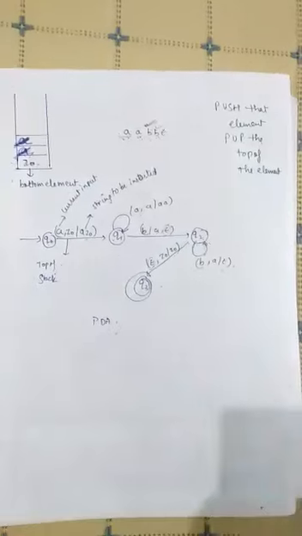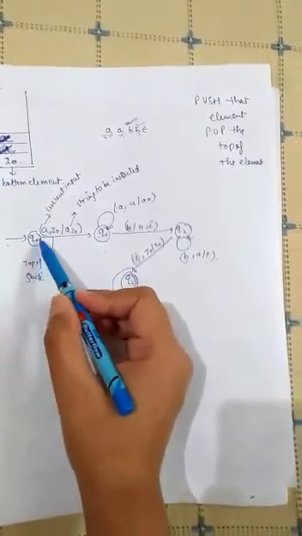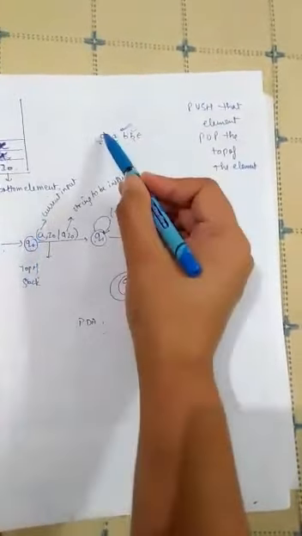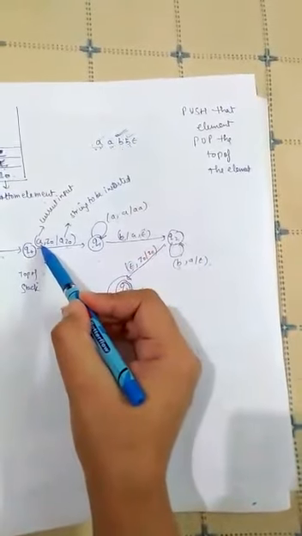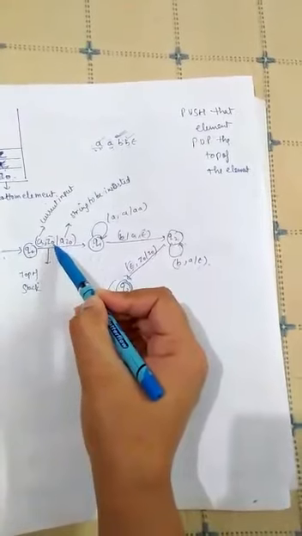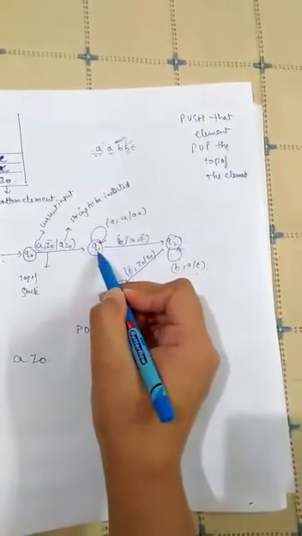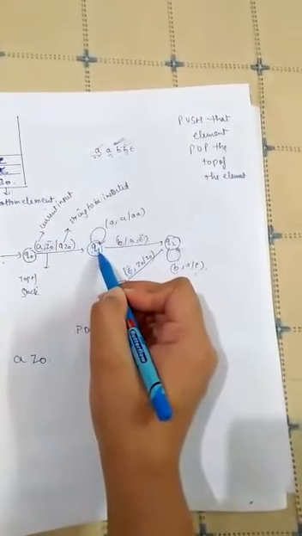Now, starting from the Q0 initial state, for the current input A and the top of the stack being Z0, the string to be inserted is A Z0, and we reach the state Q1.